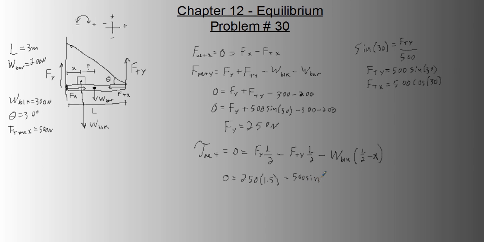Suppose I could have done that out, simplify that. L over 2 is again 1.5, and the weight of the block is 300, and L over 2 is 1.5 minus x. Hey look, x is our only variable.